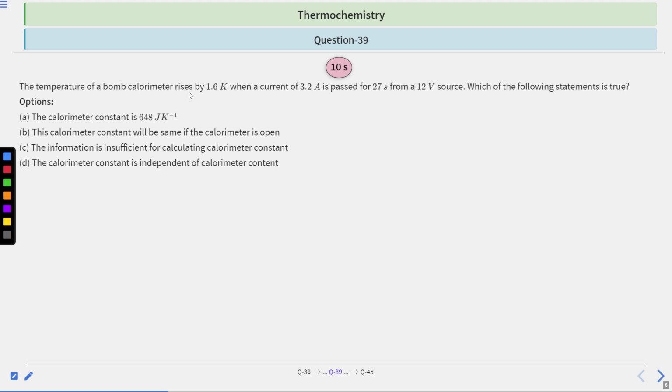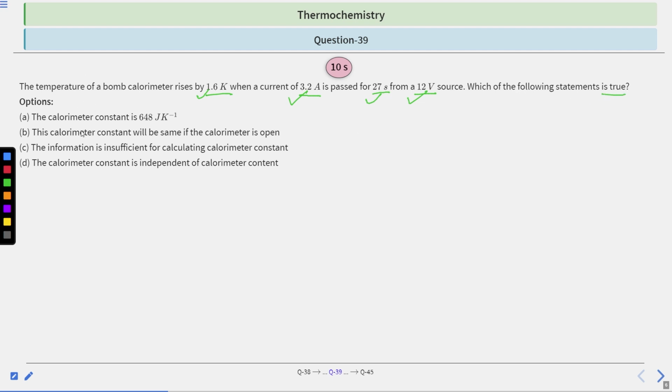The temperature of a bomb calorimeter rises by 1.6 Kelvin when a current of 3.2 ampere is passed for 27 seconds from a 12 volt source. So we have been given the temperature rise, the current, the time for which it passed, and the voltage source, right? Which of the following statements is true?